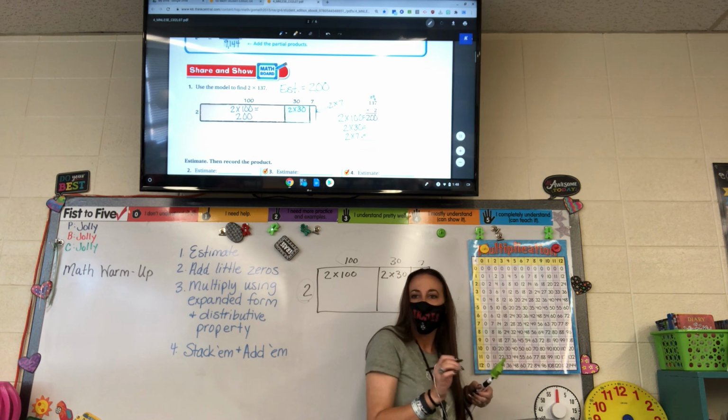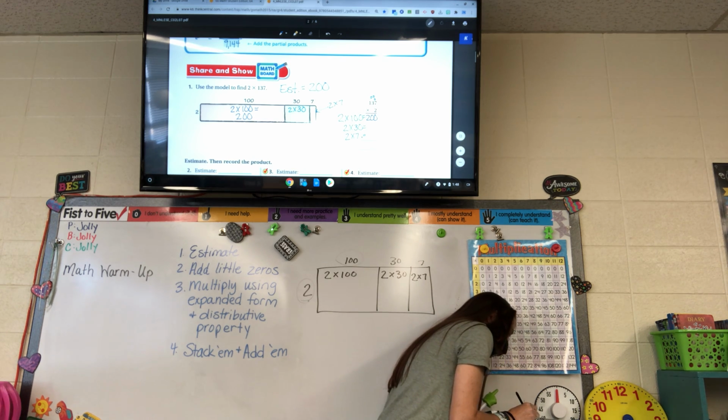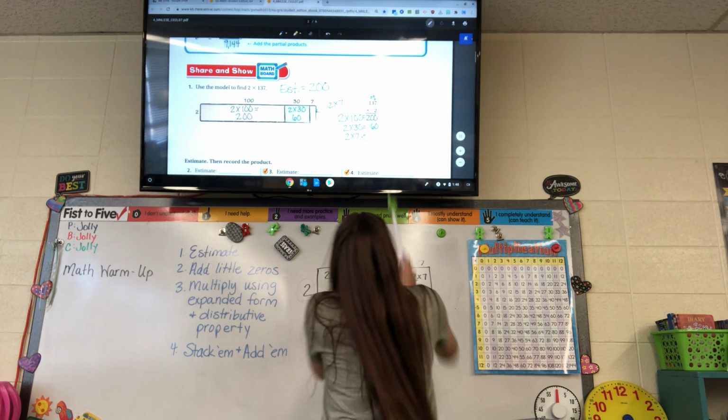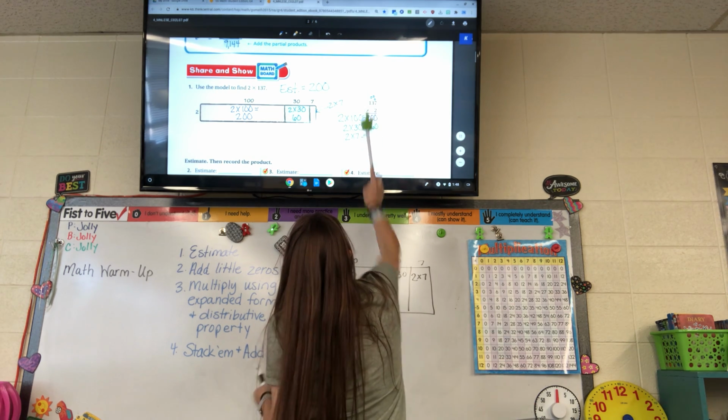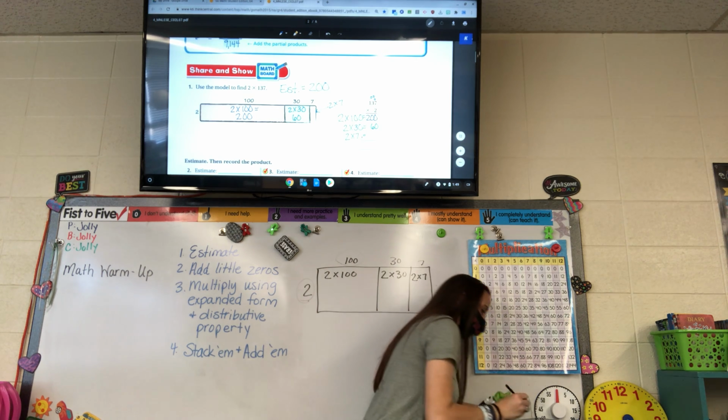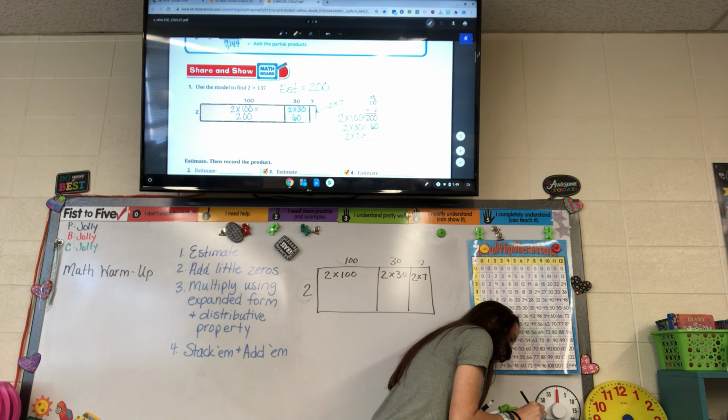30 plus 30 is 60. Make sure to line up your 6 underneath your first 0 of the 200. And then 2 times 7 equals 14. Okay, so here we go.